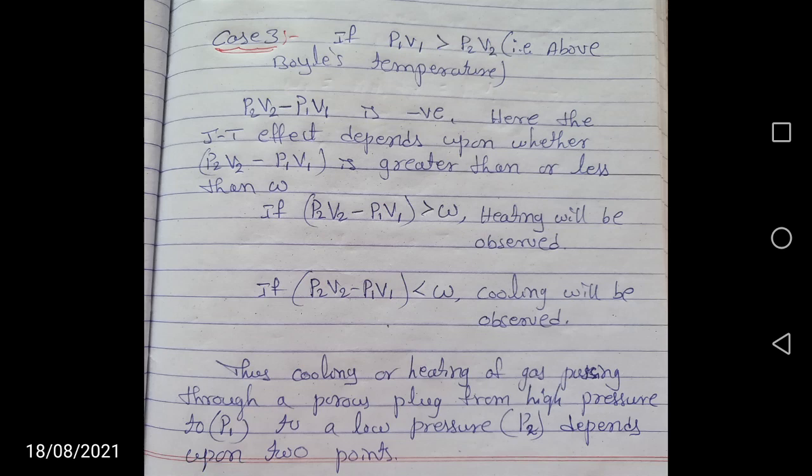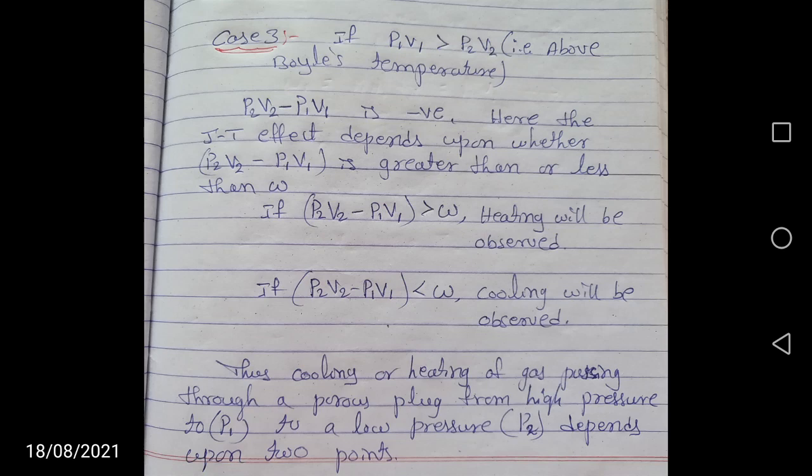Thus, cooling or heating of gas passing through a porous plug from a high pressure region to a low pressure region depends on two points. One is the work done in overcoming the intermolecular force of attraction between the molecules, and the second one is the deviation from the behavior of the gas, the deviation from the gas law, Boyle's law.